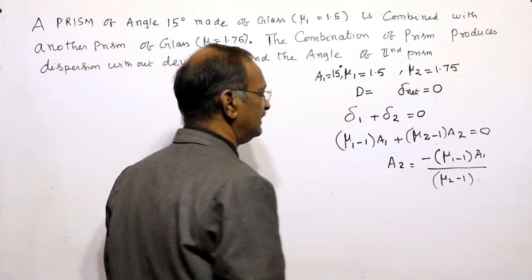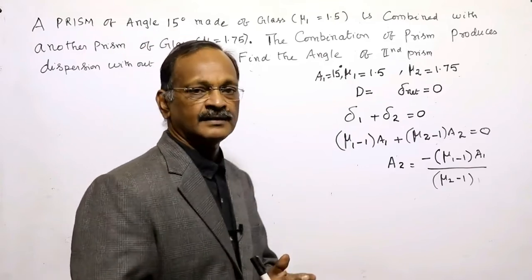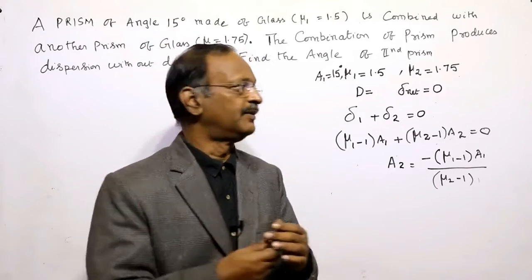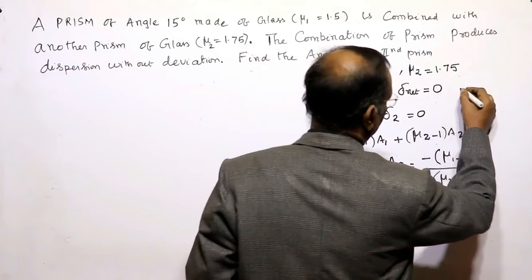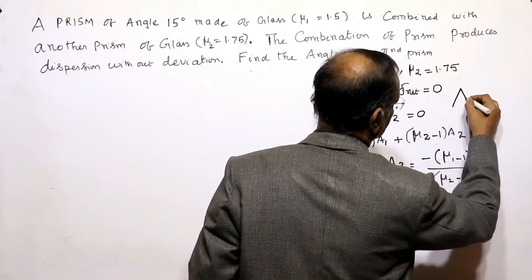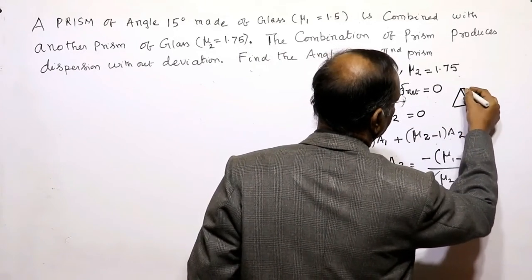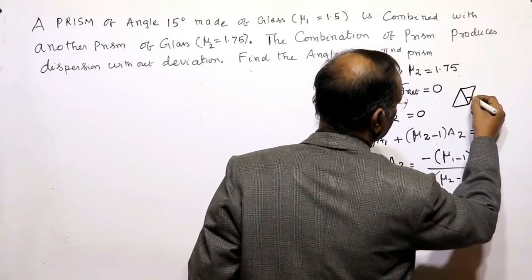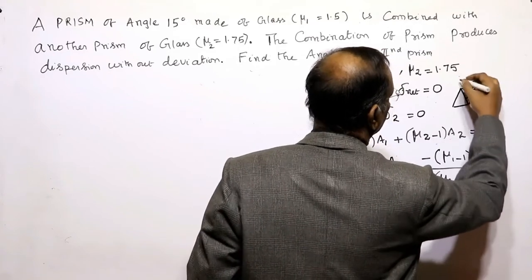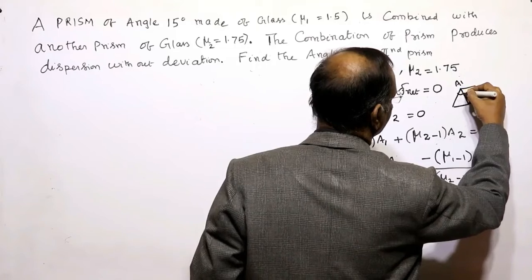The minus indicates that the first prism and the second prism should be in inverted fashion. If the first prism is like this, the second prism should be inverted. So this is A2, this is A1.